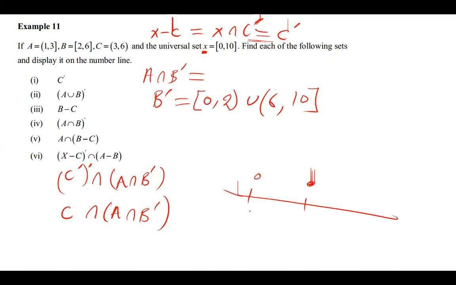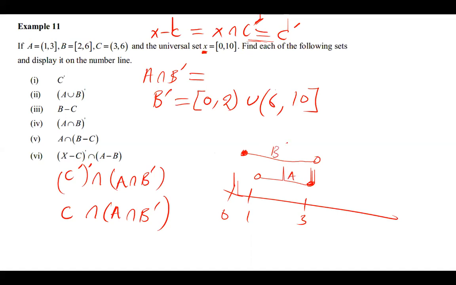Here, this is 1, this is 3, and then from 0 to 2, it's closed at 0, and then at 2 it's open.